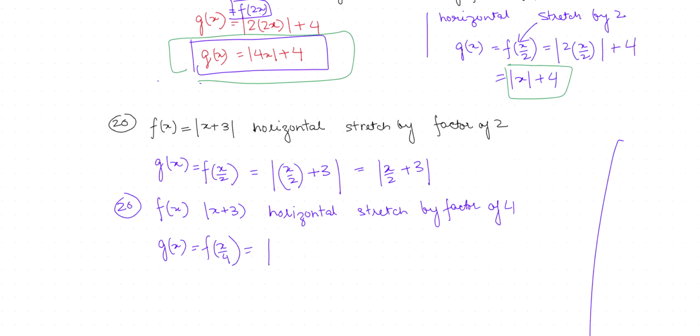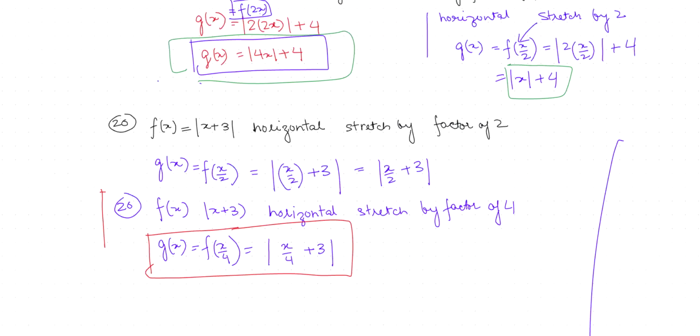So we'll multiply this x by 4 and plus 3. The concept is correct, and this is our answer. This is a horizontal stretch. If it is a horizontal stretch by a factor of 4, each x is replaced by x by 4. And this is the answer.